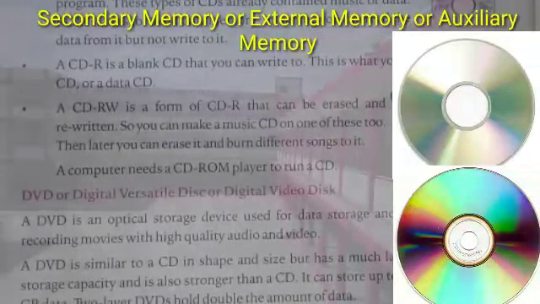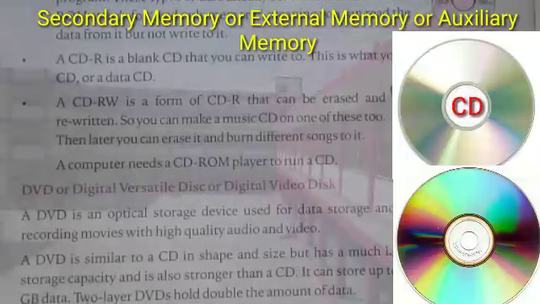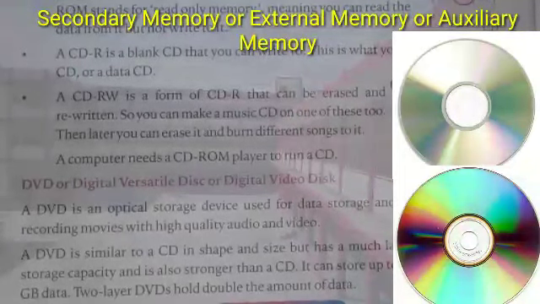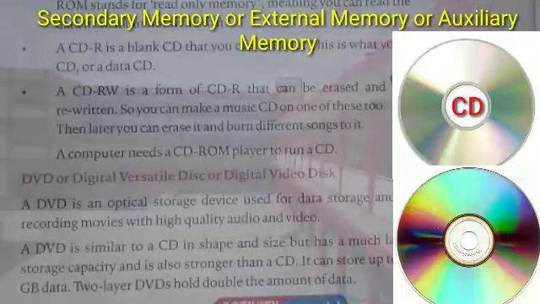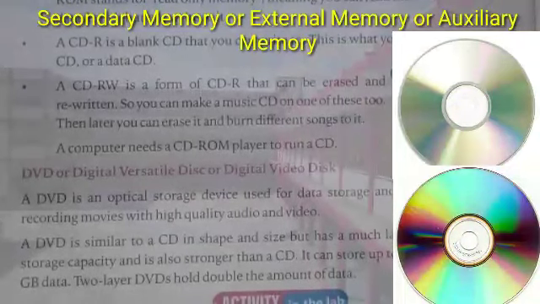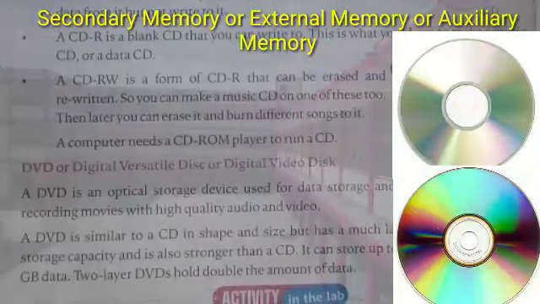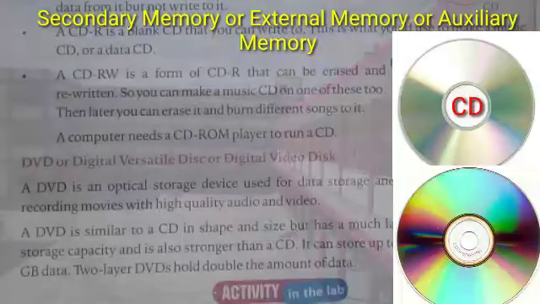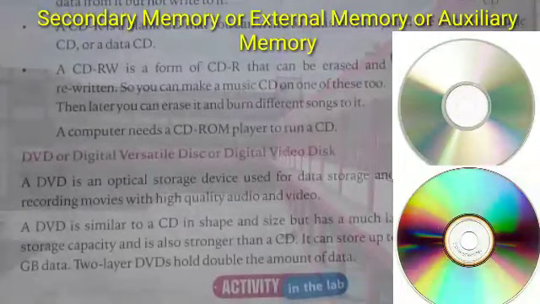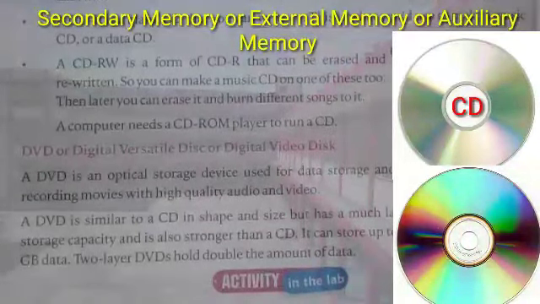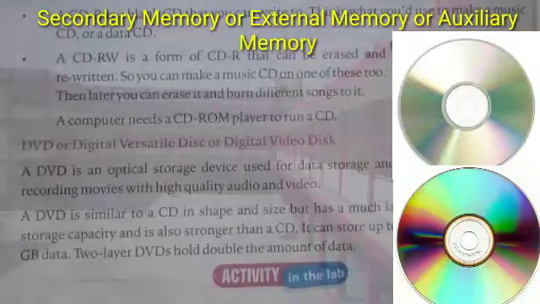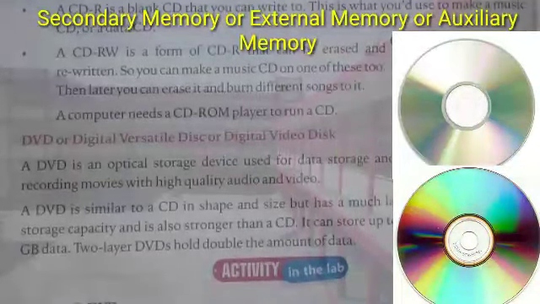Second, a CD-R is a blank CD that you can write to. This is what you would use to make a music CD or a data CD. Third, a CD-RW is a form of CD-R that can be erased and rewritten.